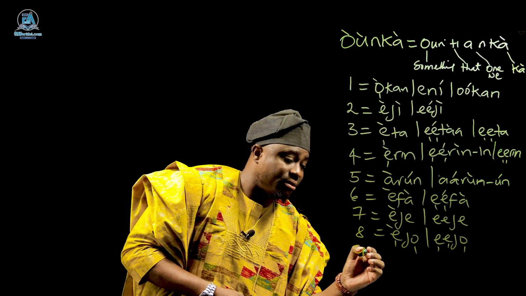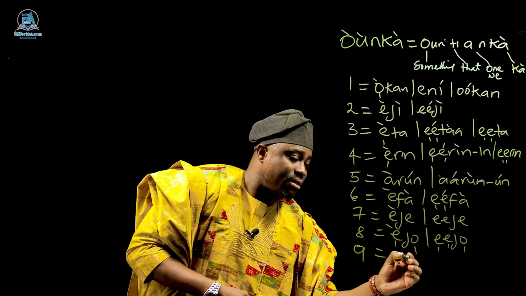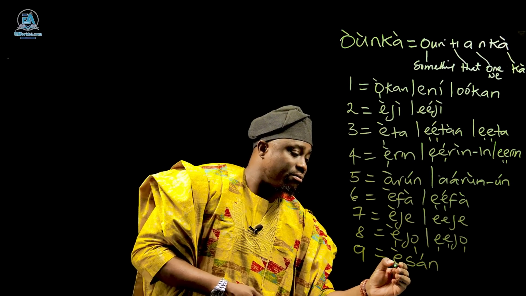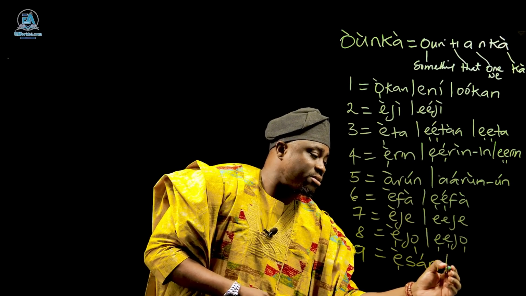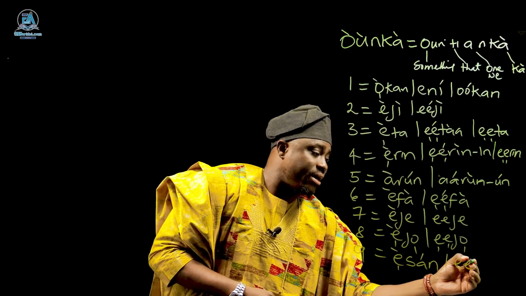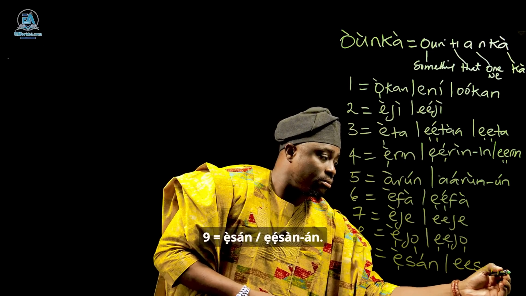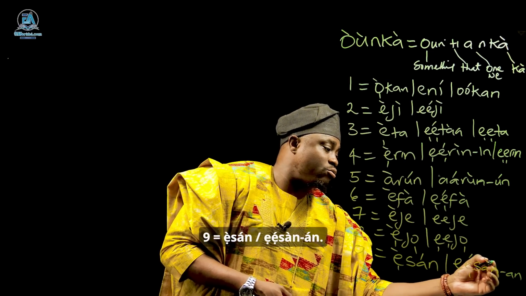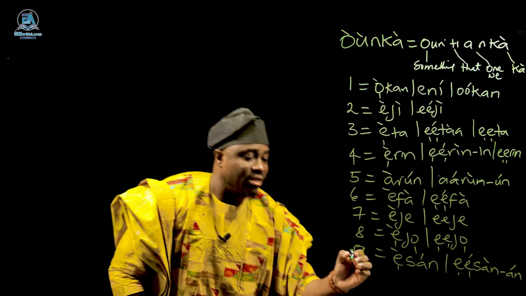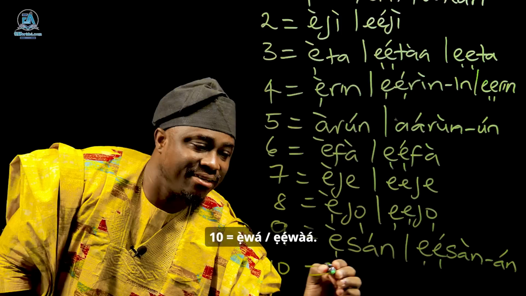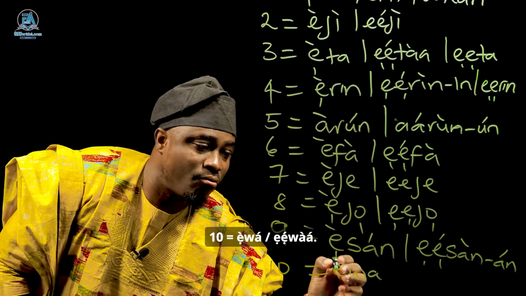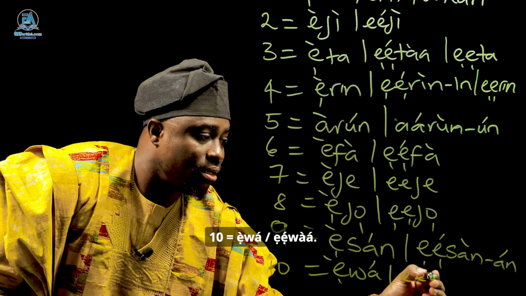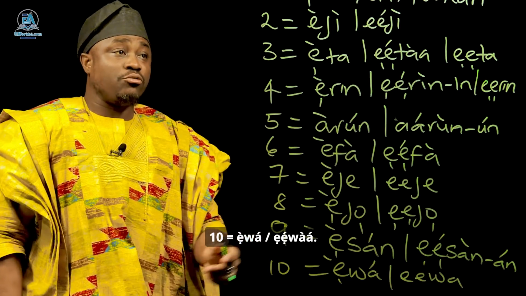Then 9 is ẹ̀sán, do, mi, or you say ẹ̀sán, re, mi, do, mi. Ẹ̀sán. Then 10 is ẹ̀wá, do, mi, or you say ẹ̀wá, re, mi, do, mi.